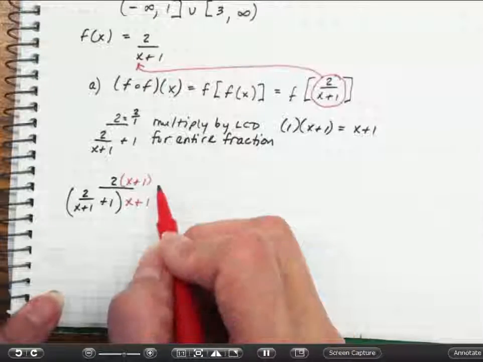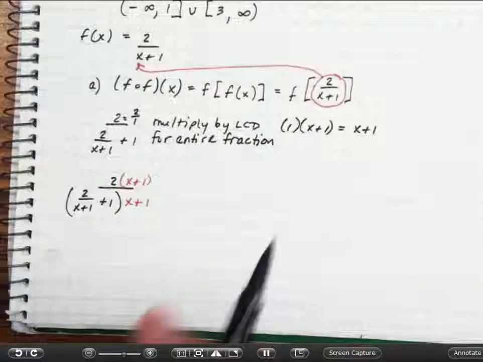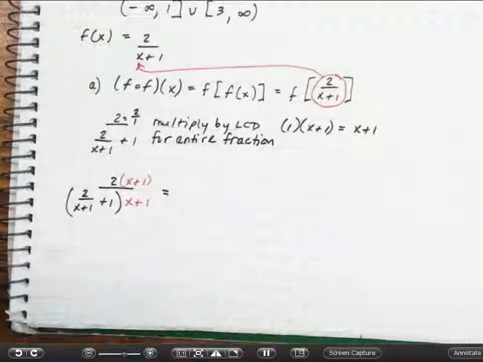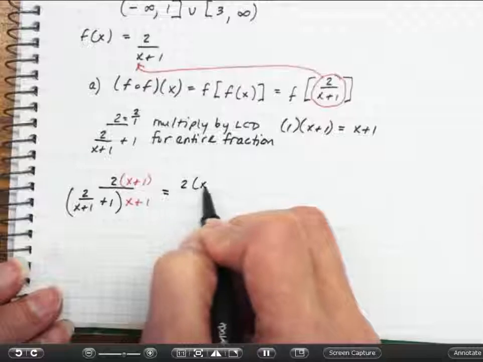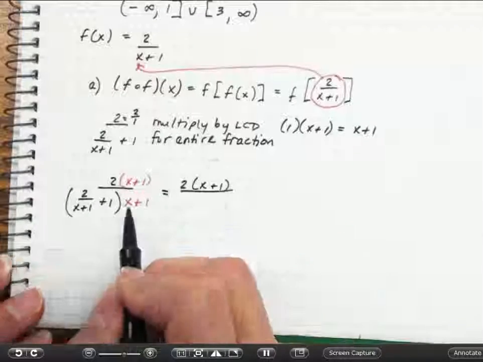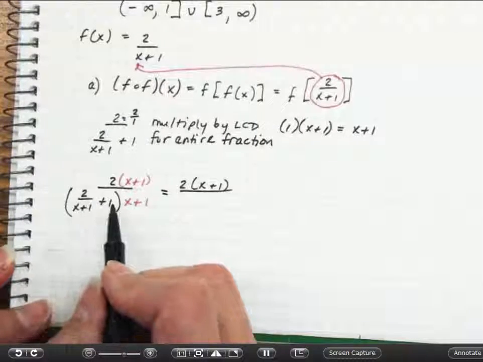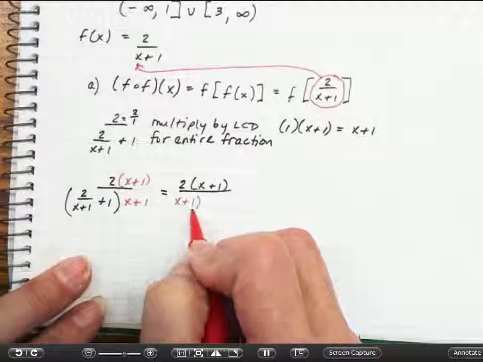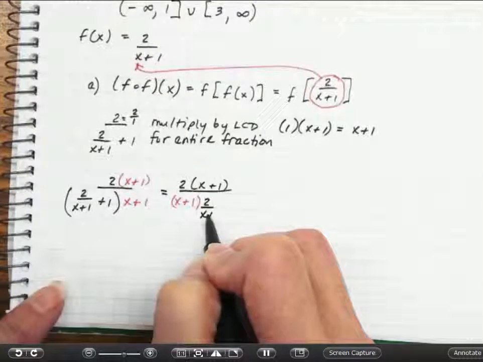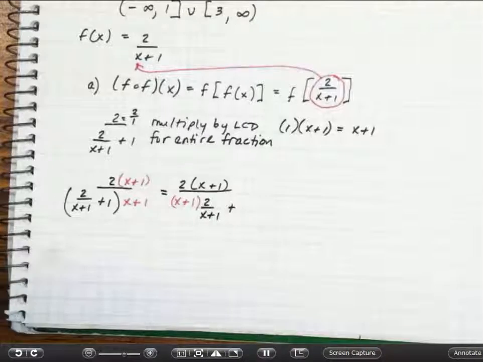When you do this, make sure that you multiply in the numerator. I think you'll do that one okay. So 2 times x plus 1. Down below, make sure that you multiply each of your terms by x plus 1. So make sure you multiply x plus 1 times 2 over x plus 1. And make sure you multiply x plus 1 times 1.